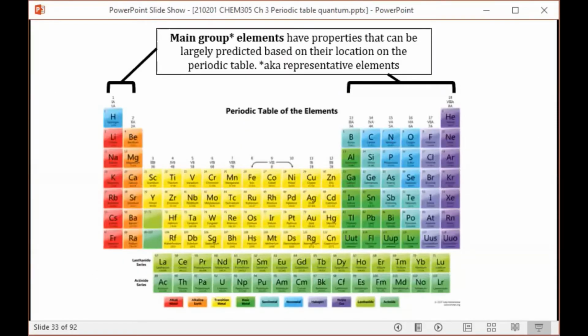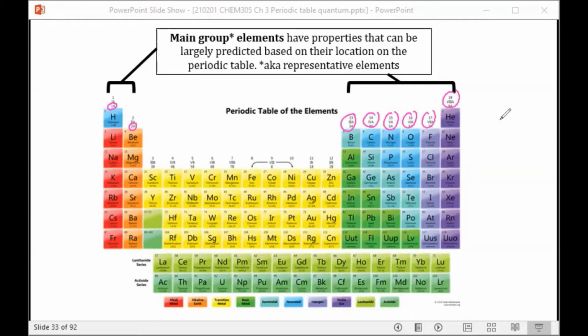We can also specify elements based on whether they're what we call main group elements or transition elements. Main group elements are all the elements on the periodic table that are in the columns that stick up above the B group. So if we check our groups, all of our groups that have the A Roman numeral that stick up above the rest, all of these are part of what we call the main group, or sometimes representative elements.